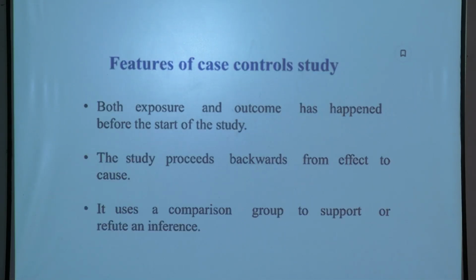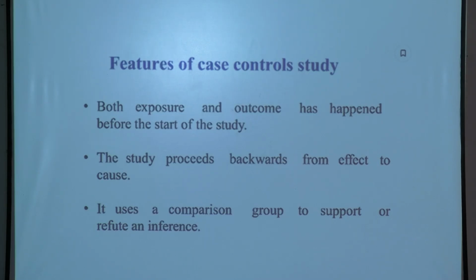But not having the outcome being studied. So here, both exposure and outcome have occurred. Coming to the cancer scenario, you're studying, say, the effect of some radiation or pollution which caused cancer. The study proceeds from effect to cause. Suppose there's some industry, and some people from there have got cancer, while other people have not.